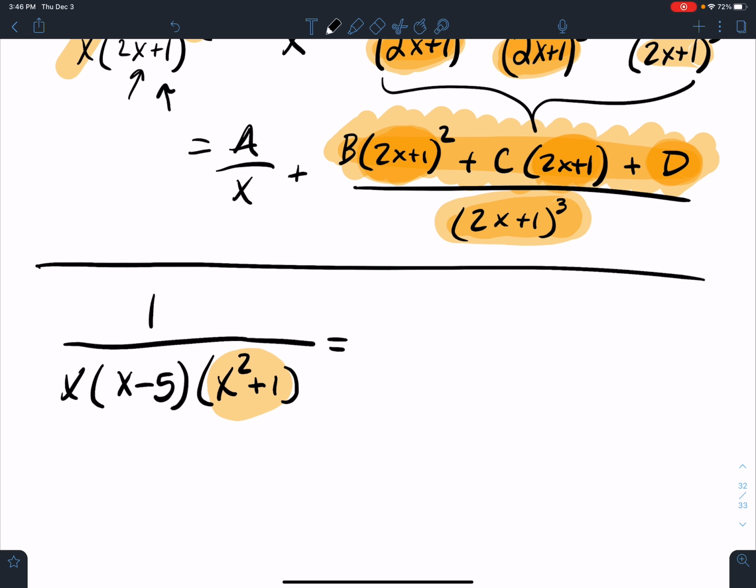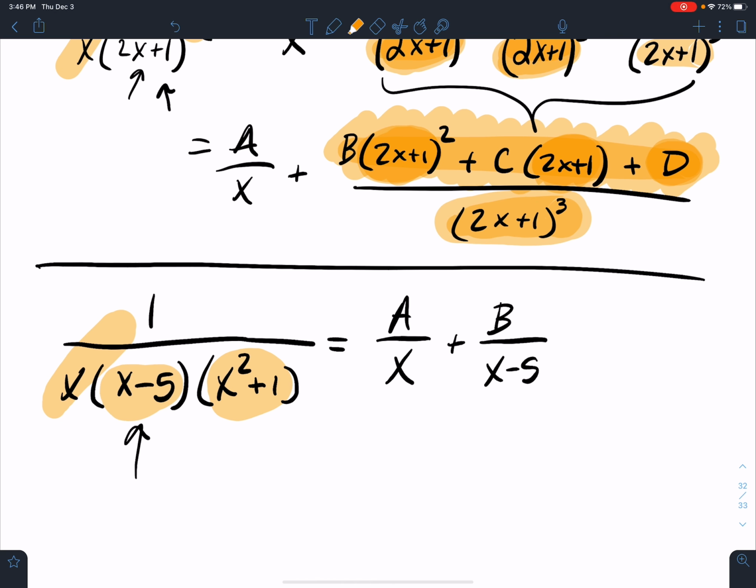So the game is still the same for the first part. That's A over x. And then for the second part, this is going to be B over x minus 5. Why is it B? Well, because it's a constant term. Okay, it's a linear factor, linear factor. These are both linear factors here.